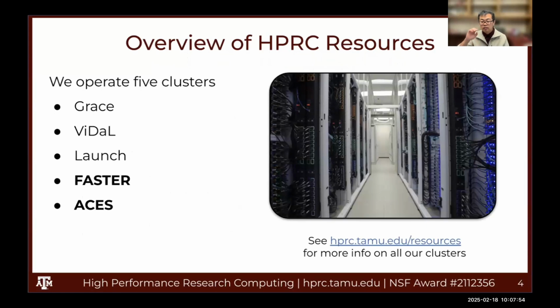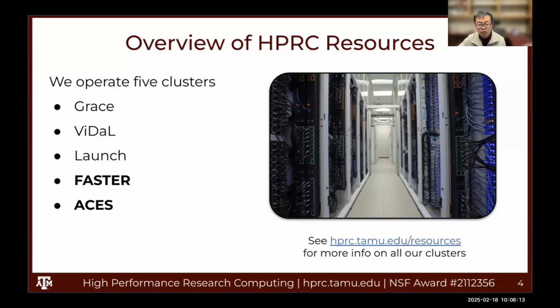Okay, let's get an overview of the computer resources hosted at Texas A&M High Performance Research Computing. We operate 5 computing clusters: Grace, Vital, Launch, Faster, and ACES.